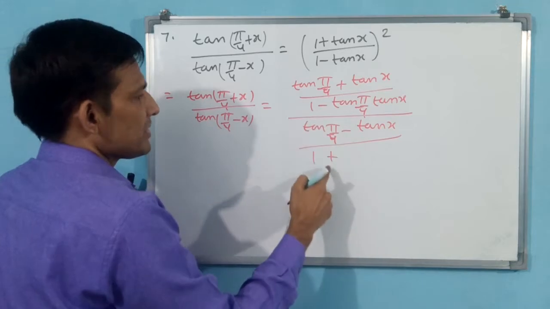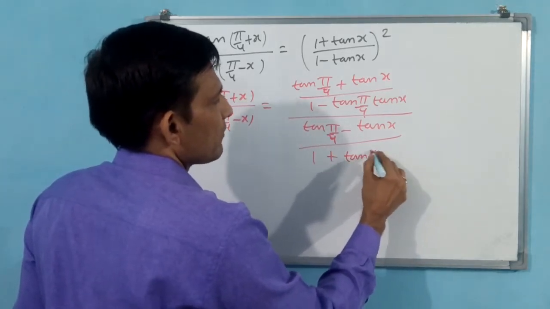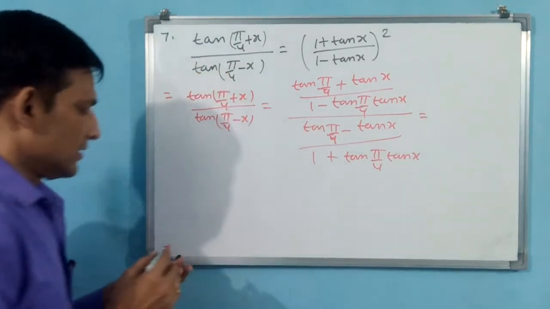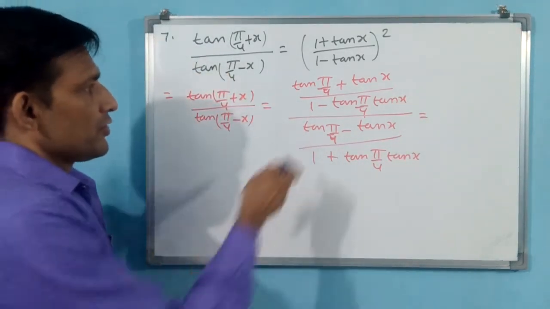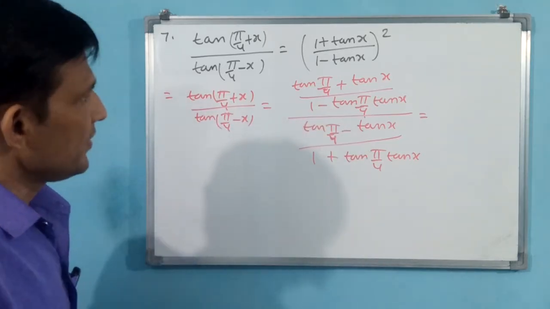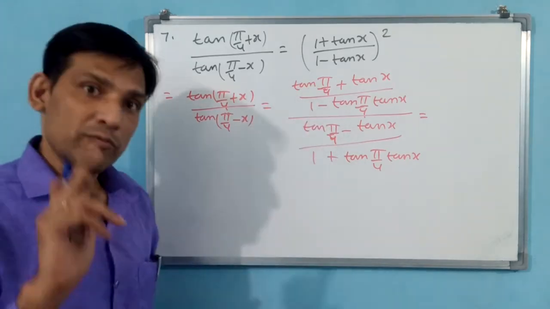See, here minus will come, here plus will come, because this is minus. Here the denominators are not going to get cancelled. You have to observe carefully. But one thing you can observe here: tan pi by 4 is 1.